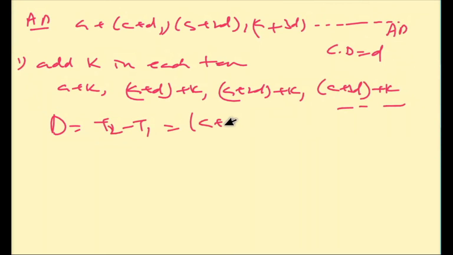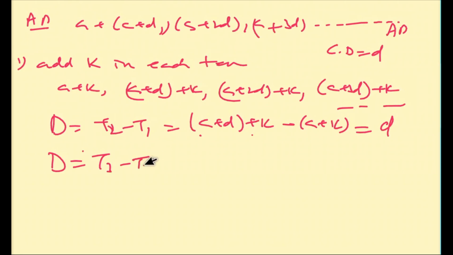That is a plus d plus k minus a plus k. What do we get here? k is cancelled, a is cancelled, so we get d. Now d equals t3 minus t2, a plus 2d plus k minus a plus d plus k.